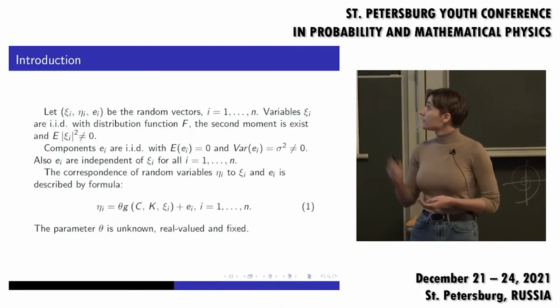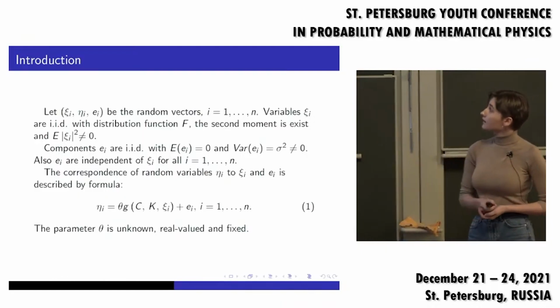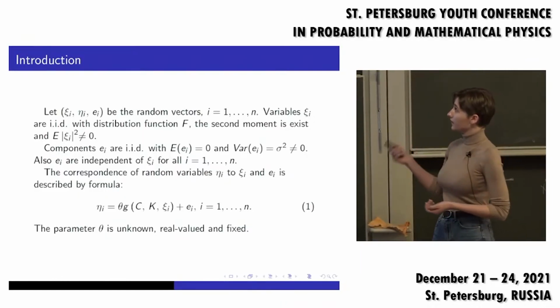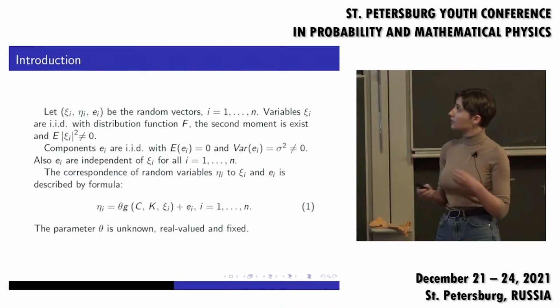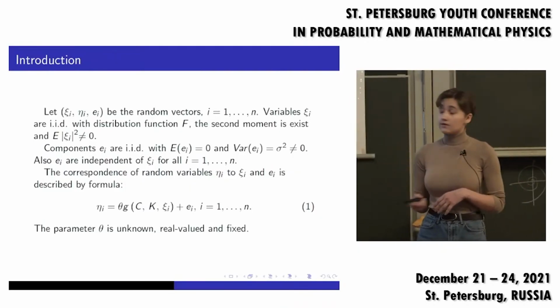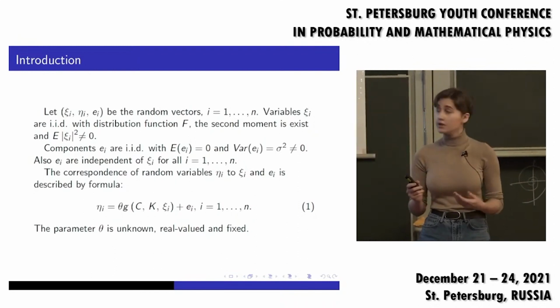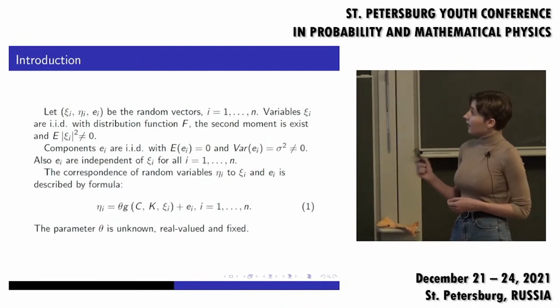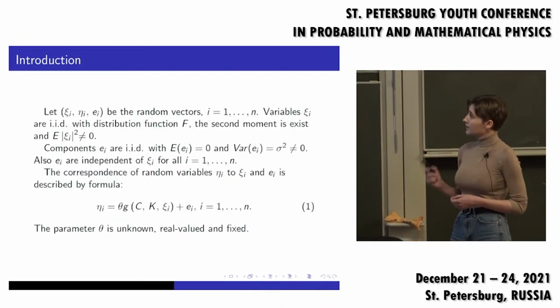So let xi_i, eta_i, e_i be random vectors, i from 1 to n, and it will be like this till the end of the presentation. Variables xi_i are independent and identically distributed with distribution function F. The second moment exists and doesn't equal 0.